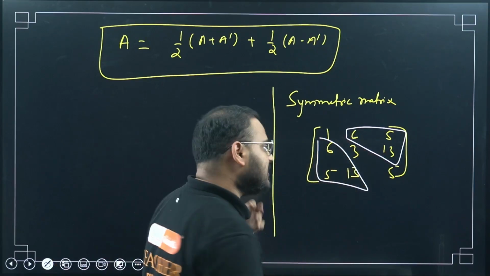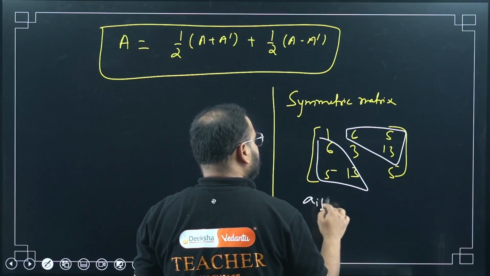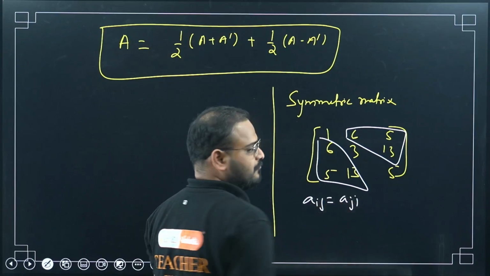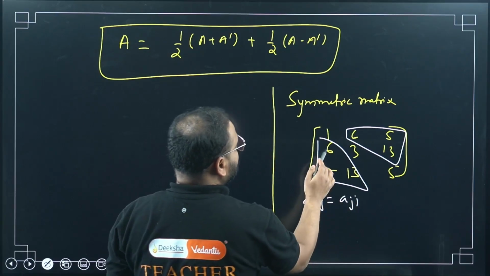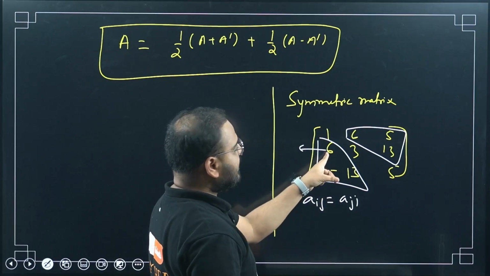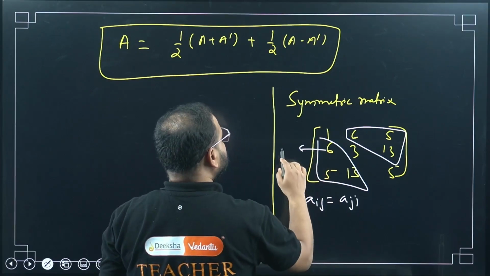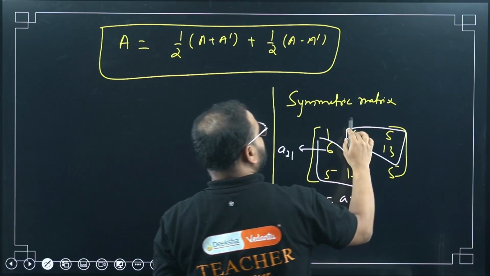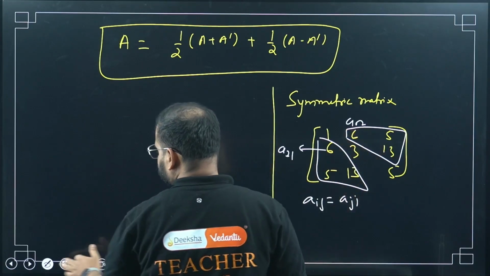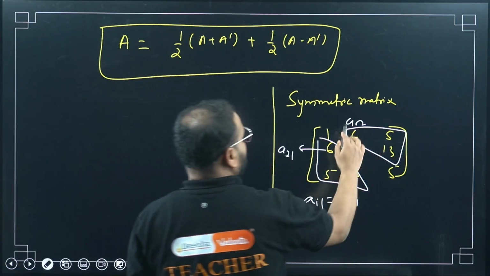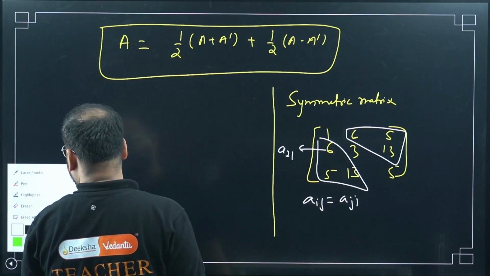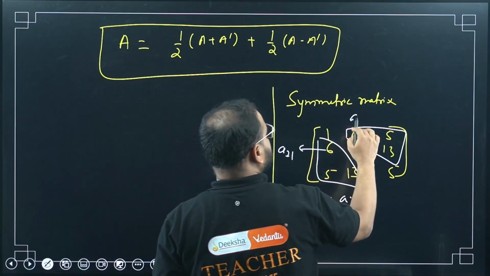Whenever this happens, basically, whenever Aij equals Aji. What's the meaning of this? Please check. What is the number of this? A21. And what is this? A12. This is just a revision, before skew-symmetric matrices.